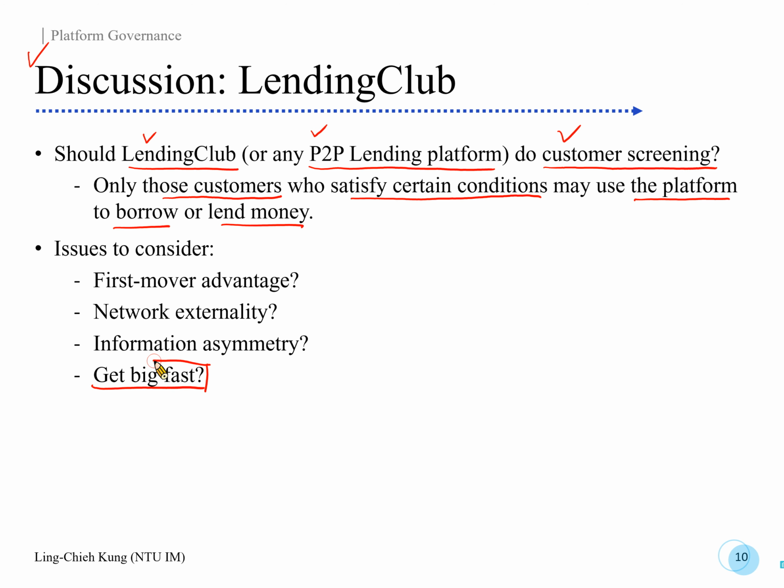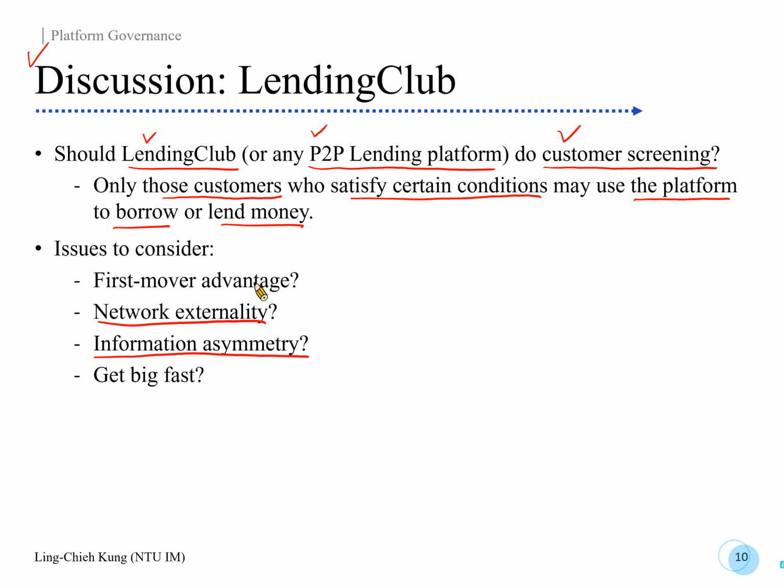If you want to get big fast, you somehow should lower the degree of screening so that you may have a lot of users and get some first mover advantage. But if you do that, of course, that's going to create some bad things. And because of information asymmetry, maybe that's going to create some trouble for you to keep growing, right?